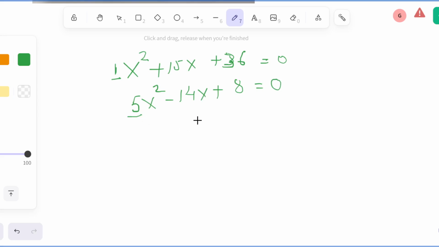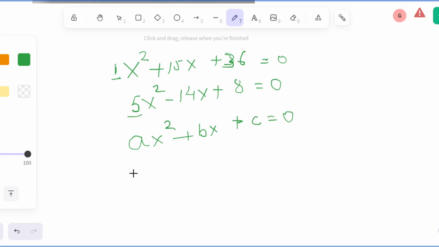So here we can use the main approach. Let's see how we can factorize this. Always remember we have to compare this with the standard quadratic equation, which is ax square plus bx plus c equal to 0. Is that right, Nathan? Yeah, it's right.